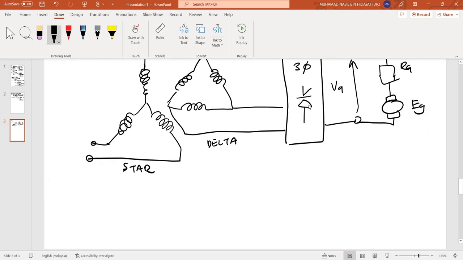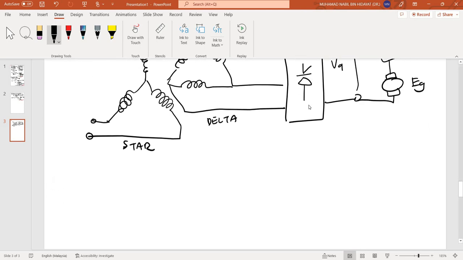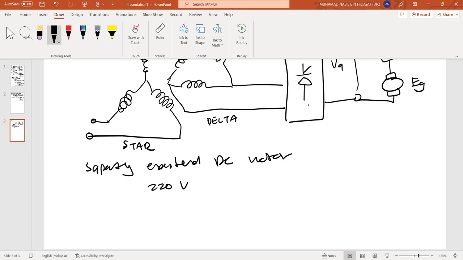The parameters: this is a separately excited DC motor with 220 volt incoming, 1500 RPM and 50 amp.